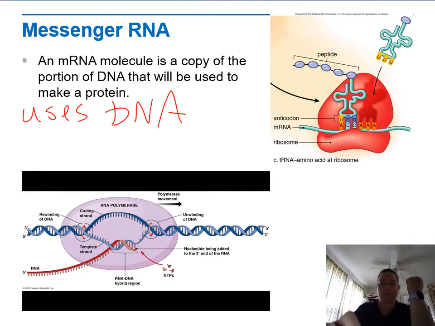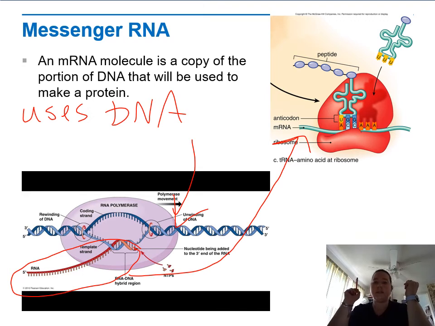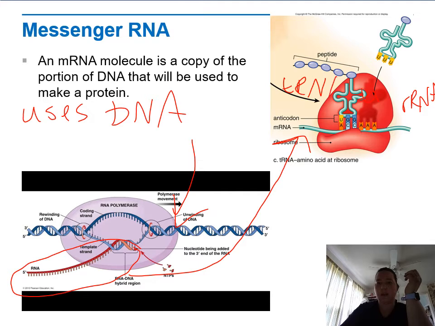It's very similar. Inside the nucleus, the DNA is used to make a strand of mRNA. That mRNA is then going to go out into the cytoplasm and be used by the rRNA and the tRNA to make the protein eventually.